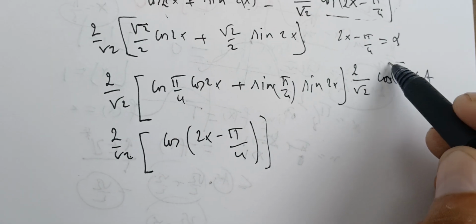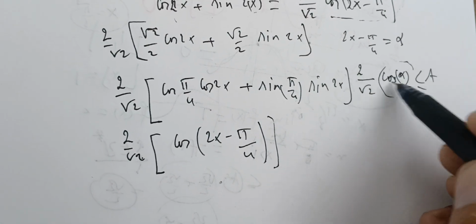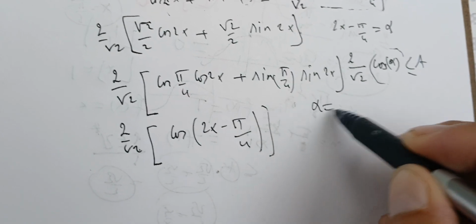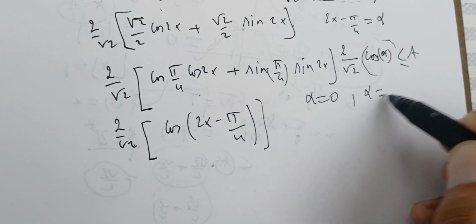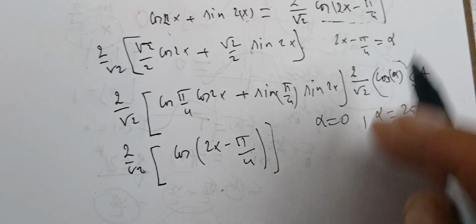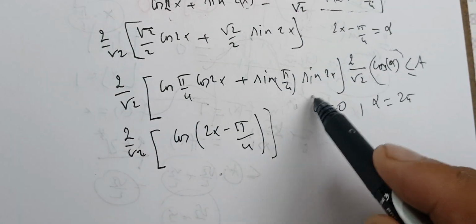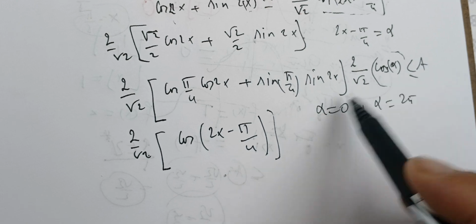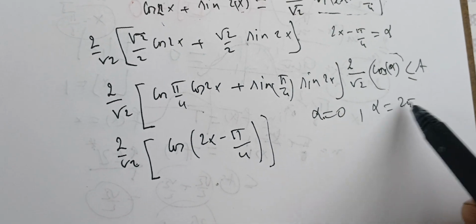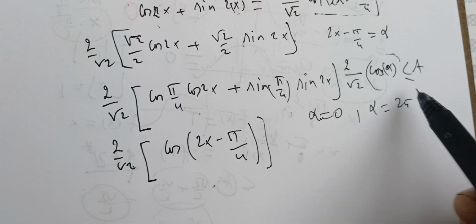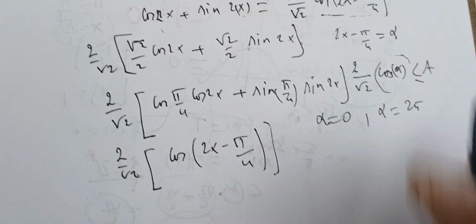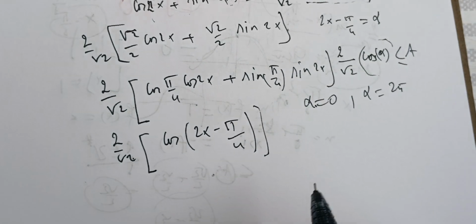We know from the graph that cosine is maximum when alpha is 0 or alpha is 2 pi. Let's first focus on one, because if we can find this a corresponding to this alpha, we can find all the other angles.